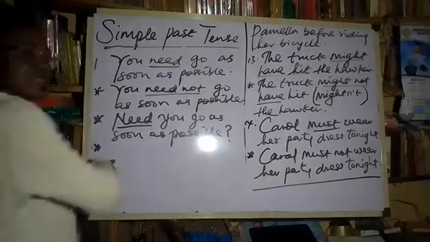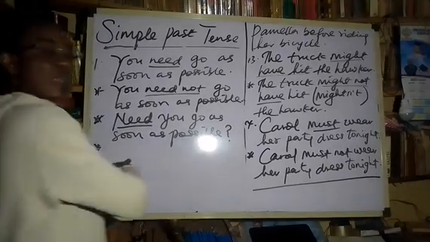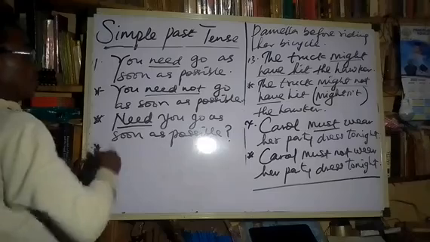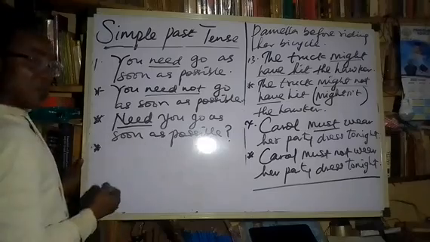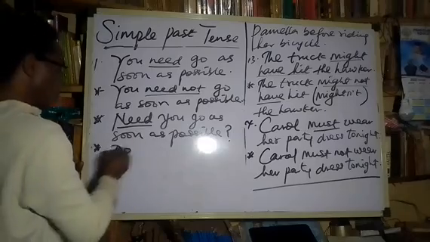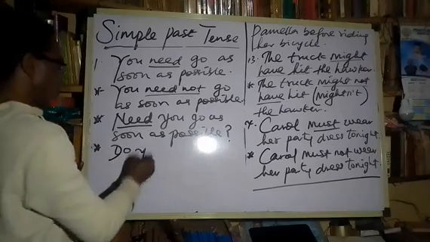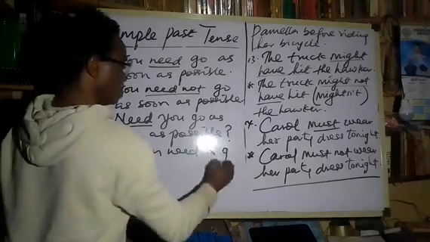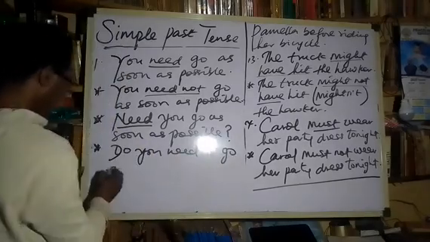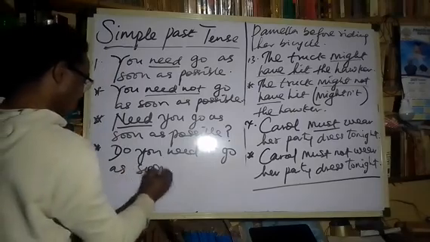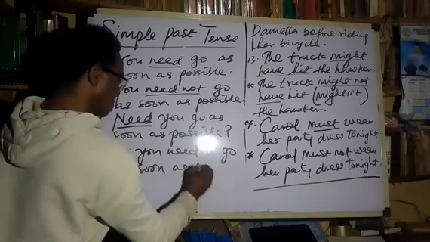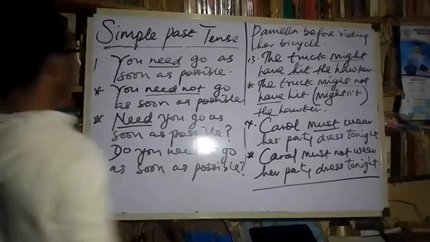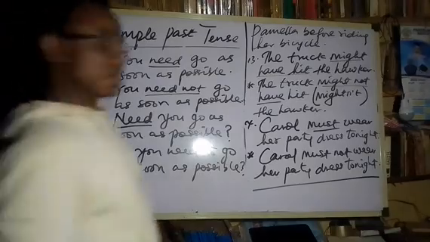But when it is used as a lexical verb, then it requires an auxiliary. Then you need you go as soon as possible becomes do you, so it will go with an auxiliary. Do you need to go as soon as possible?